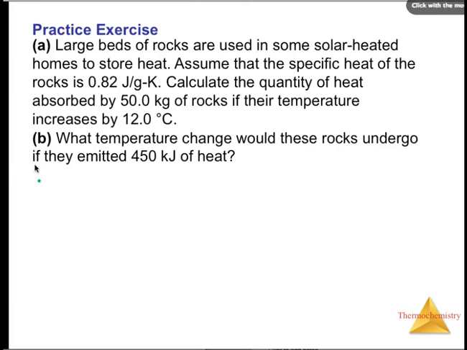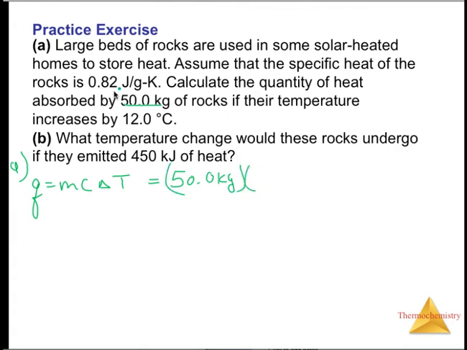Again, hopefully, Q is equal to, this is problem A, Q is equal to MC delta T. I've got 50 kilograms of rock. The heat capacity of the rock is 0.82 joules per gram Kelvin, and I'm looking at a 12.0 degrees temperature change.